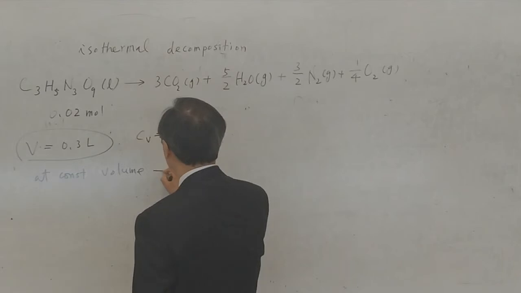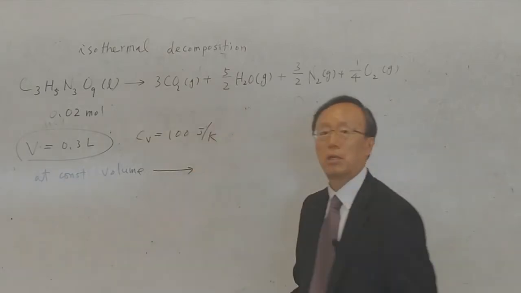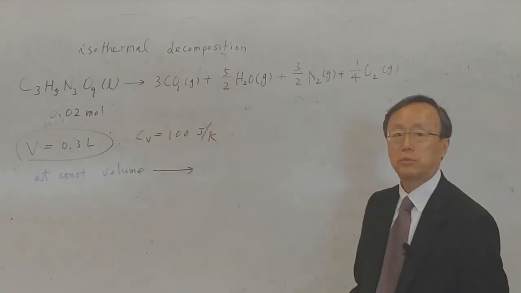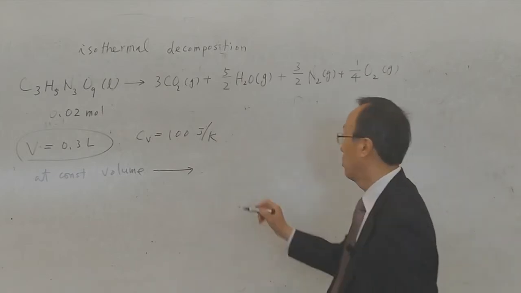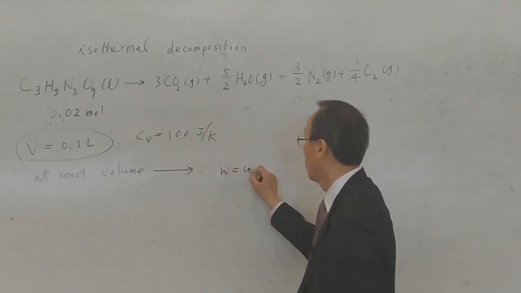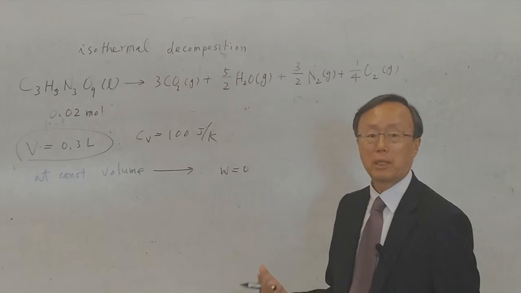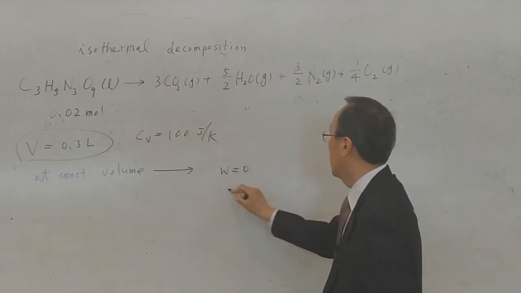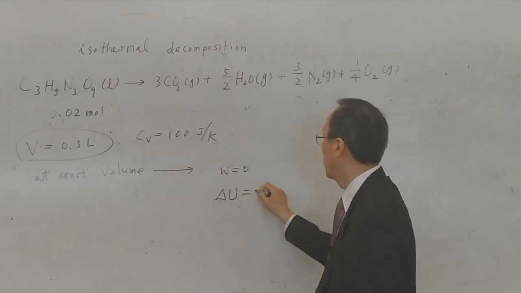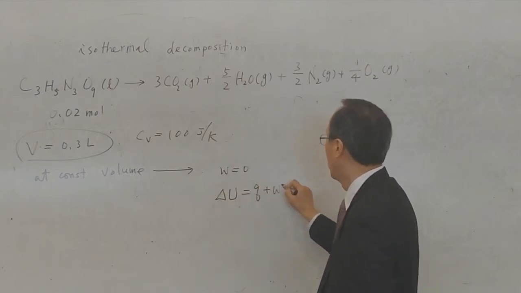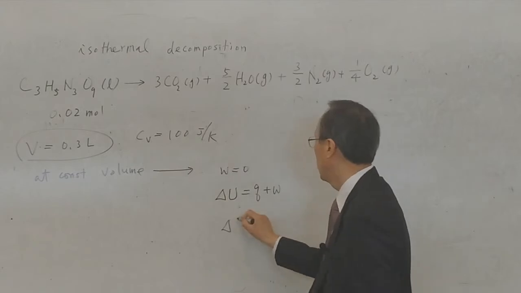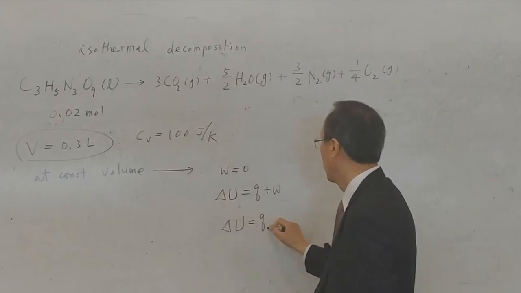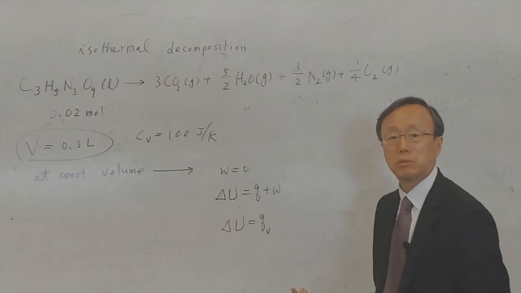So at constant volume, W equals 0, since P delta V equals 0. That means delta U equals Q plus W, so delta U equals QV at constant volume, right?